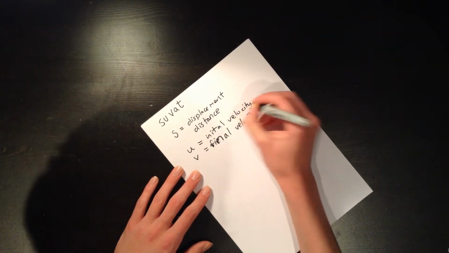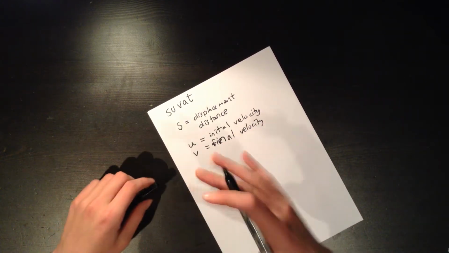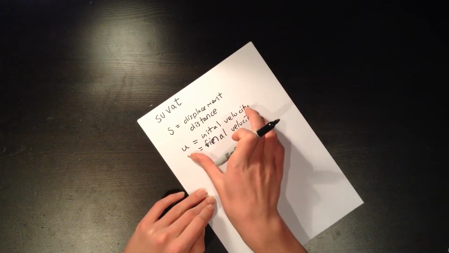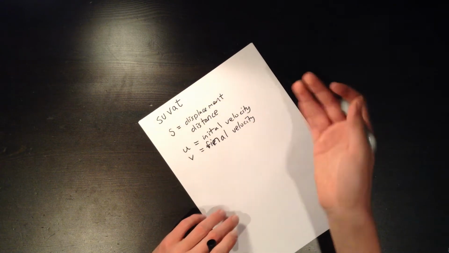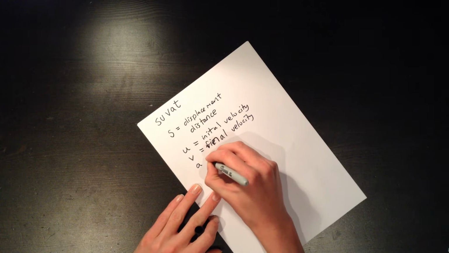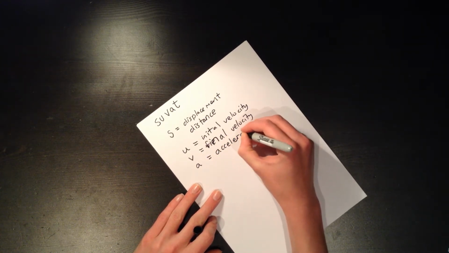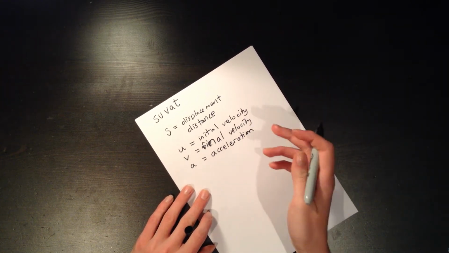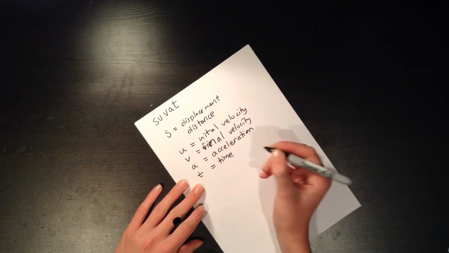And what that means is, say during something you accelerate, the speed you started out at is your initial velocity, and the speed you end up with at the end is your final velocity, and you'll understand that a bit more later. A stands for your acceleration, which is how quickly your speed changes, and T stands for time.